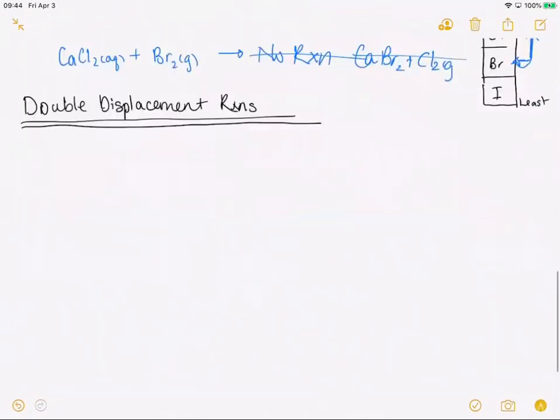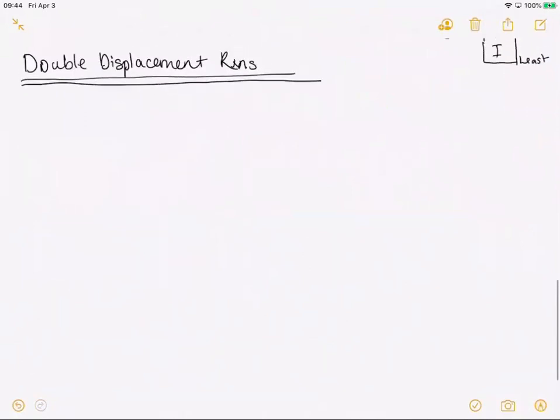And this is the one where we're using our solubility guidelines. I can't display this on the screen, I'm sorry, guys, but you can have it in front of you. This one I always think of as production of solid, production of liquid, production of gas.